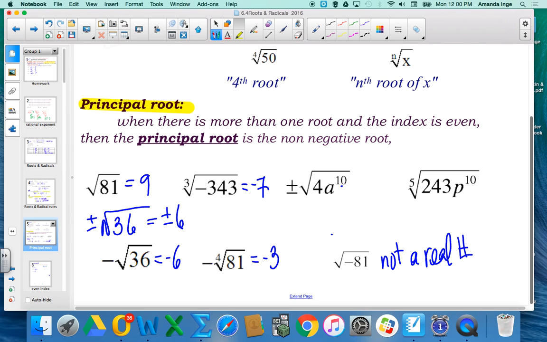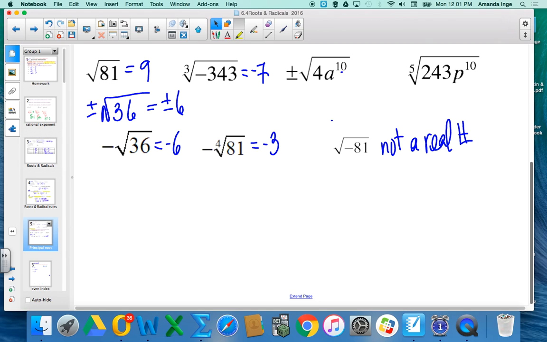So now I'd like to look at these next problems. This one is actually number 4 on your worksheet. And this one, which is also on your worksheet. The difference between these and the ones we just looked at is that they have variables.